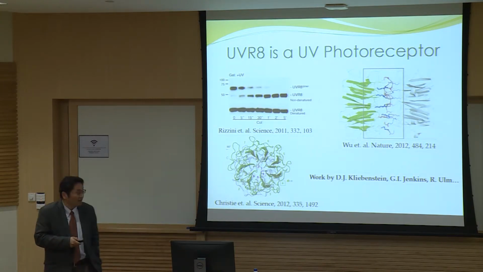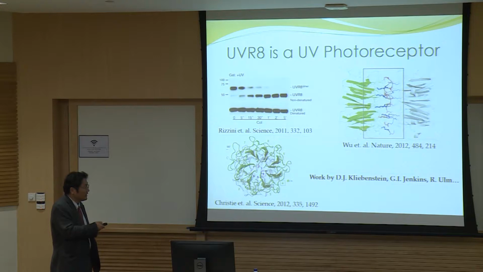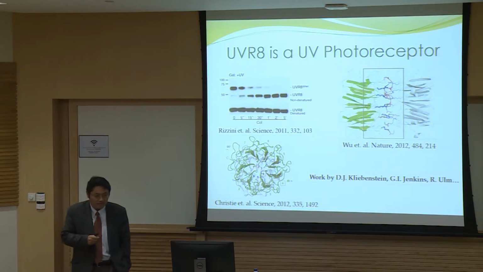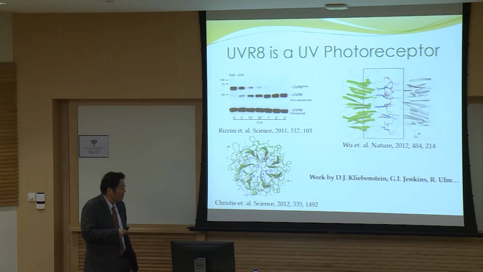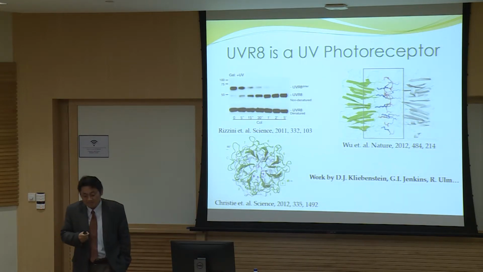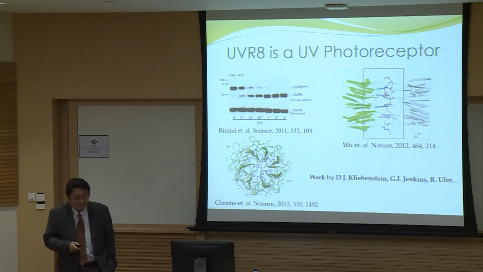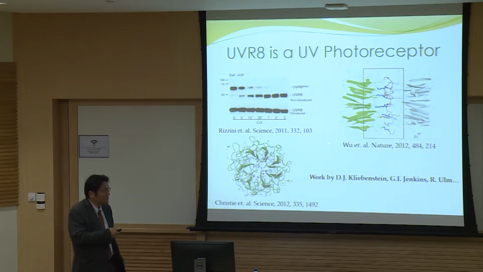And then immediately the next year, there were two groups. One is in China, Yigong Shi, right now also a major force doing cryo-EM, and the other also published two papers in the same month, one in Nature, one in Science, to solve this photoreceptor structure.